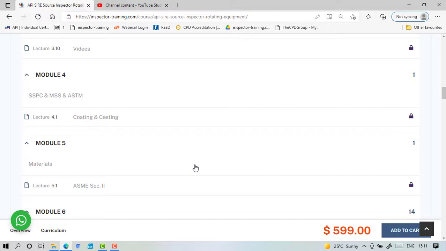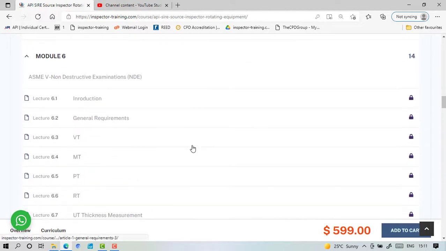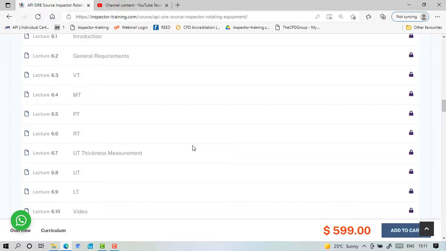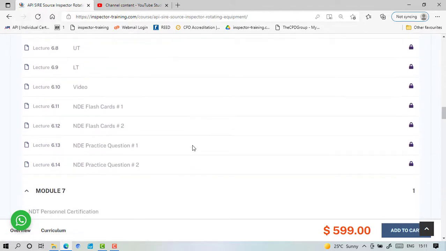And SSPC, MSS, and ASTM. These are the coating, casting, and material standards. ASME Section 2 materials, a comprehensive explanation of NDT as per ASME Section 5, and all the popular methods, completed with flashcards and practice questions.